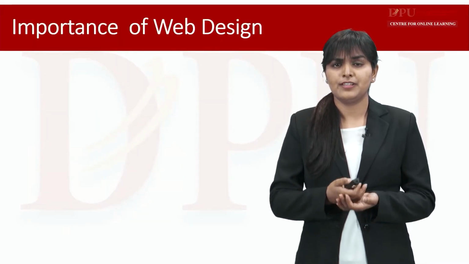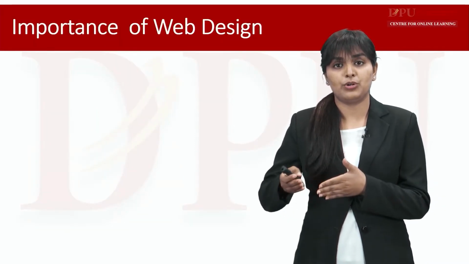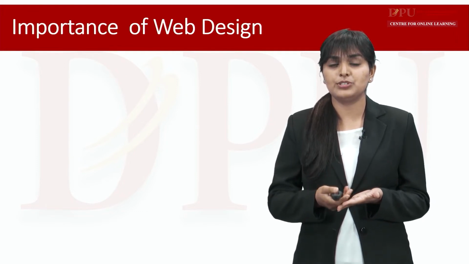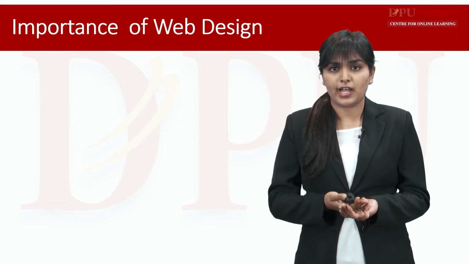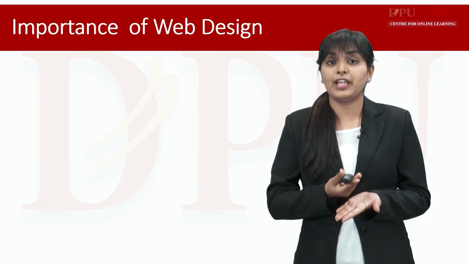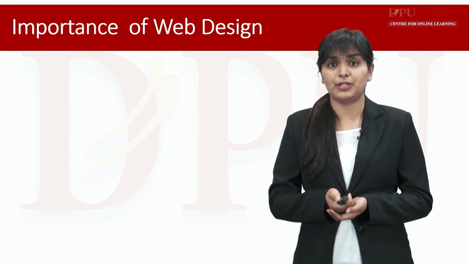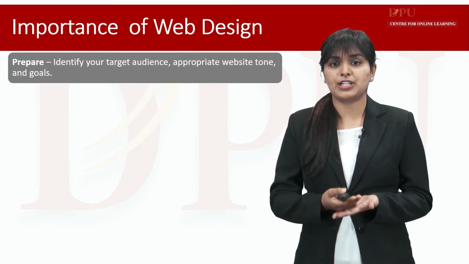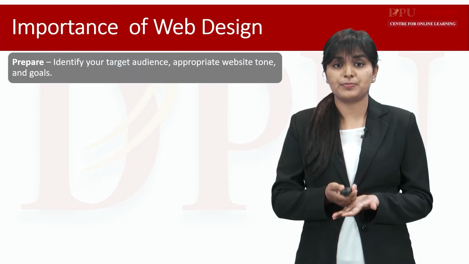So let's see. Firstly, in order to move ahead with all of the topics mentioned, let's understand the importance of web design and why so much emphasis is being given to web designing. Firstly, identify your target audience, appropriate website tone and goal.